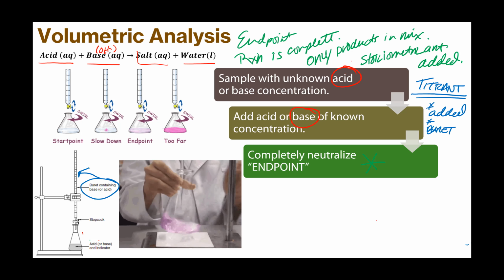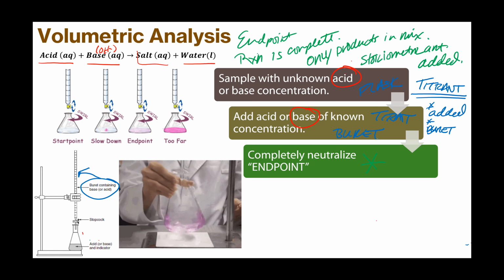In our case here, the unknown acid is in the flask. The base is the titrant, and it is in the burette. We're going to add base in precise amounts. That's why we're using the burette, so we can get a really precise amount of base added in there.